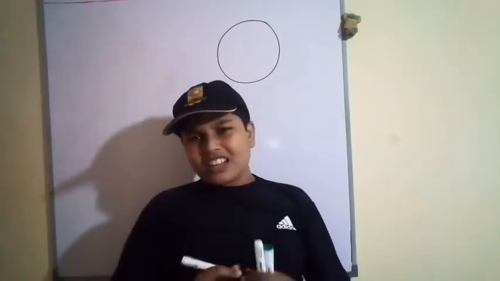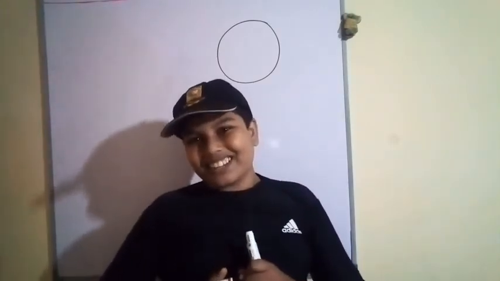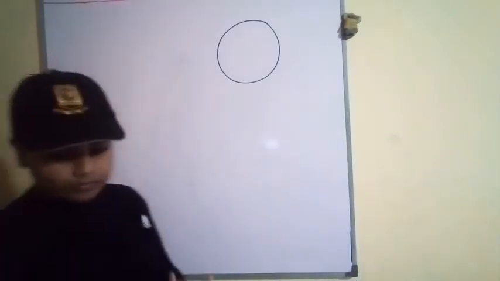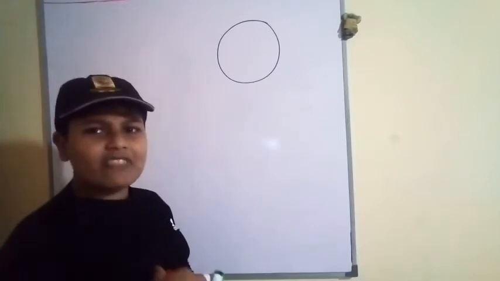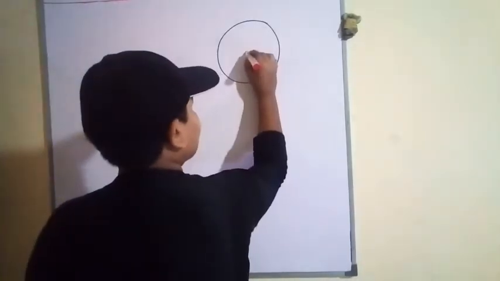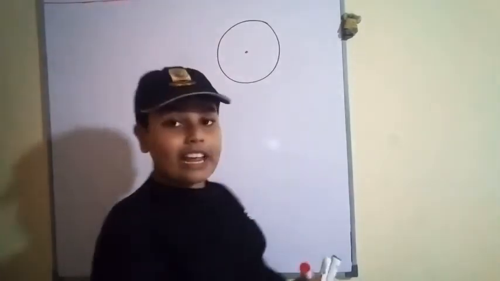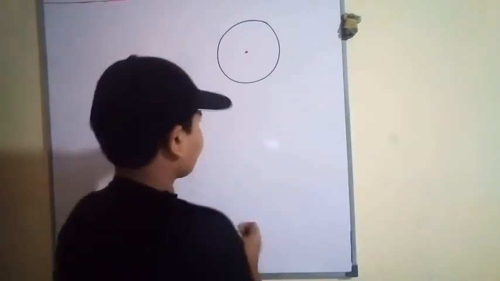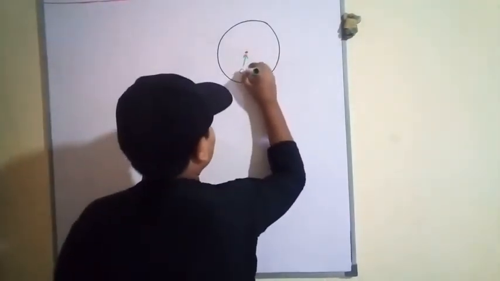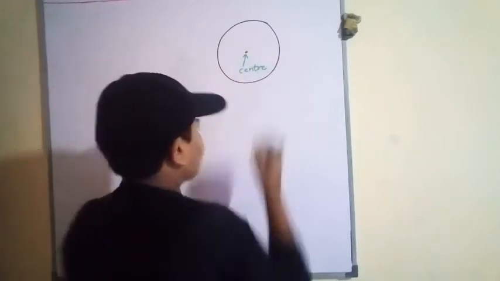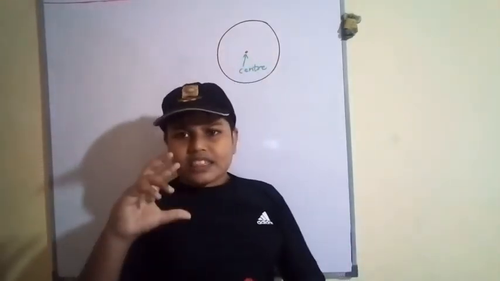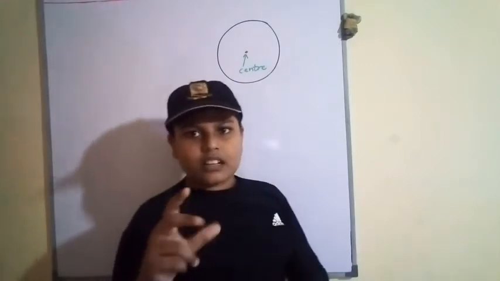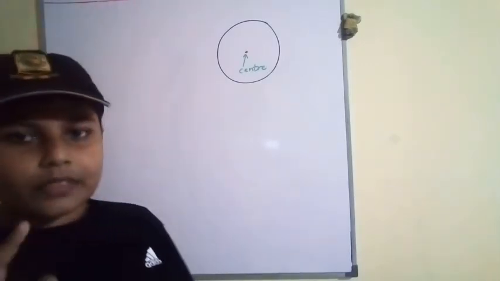In the circle, you have a vertex point. What is the name of that point? Center. Now, that point is the center.